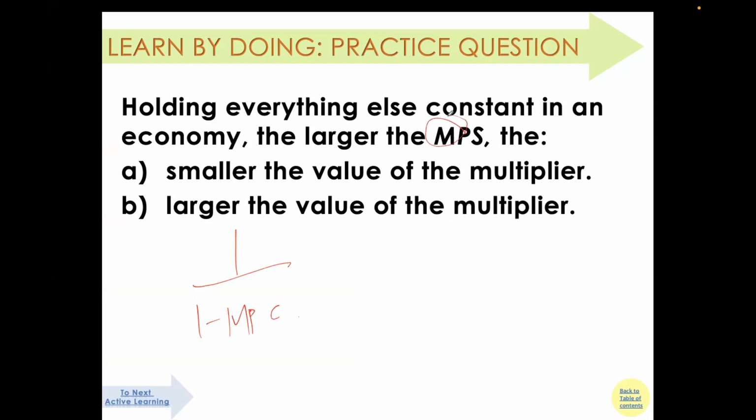So an MPS increase implies MPC is going to decline. Then this entire term is going to increase, and finally, the multiplier is going to decrease. It's very straightforward. But you can also think about this very intuitively. If MPS increases, each round people save more and spend less, and then collectively the impact is smaller.